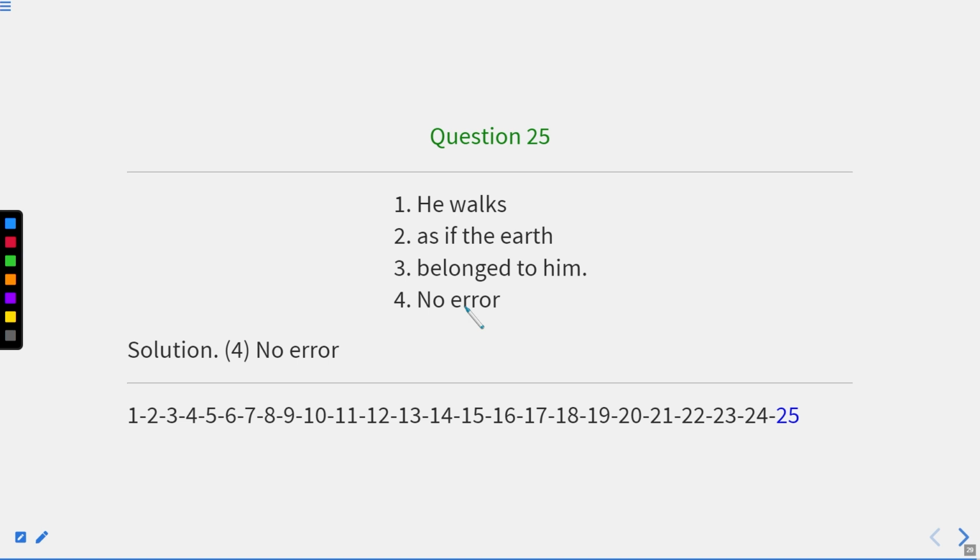So we should be very clear in our concepts, and for that you should first read the entire chapter which I have already taught you. I hope these questions are clear to you now. Here the answer will be no error. You have to revise all the concepts of this chapter, so that you may know which part can contain the error.